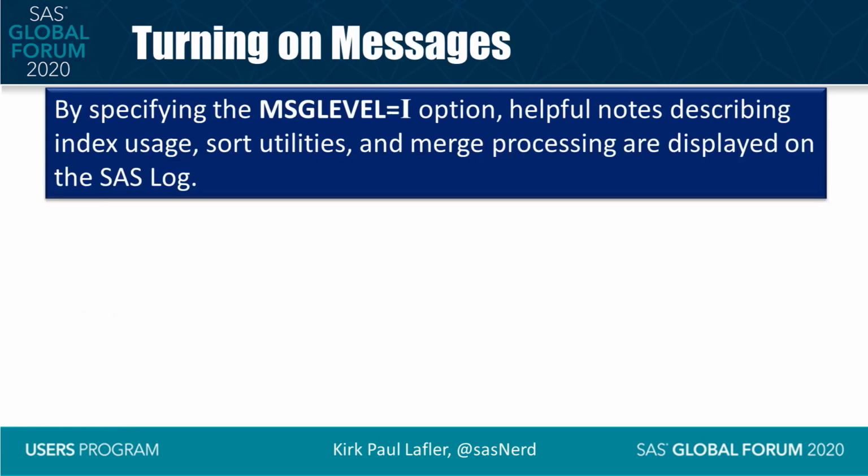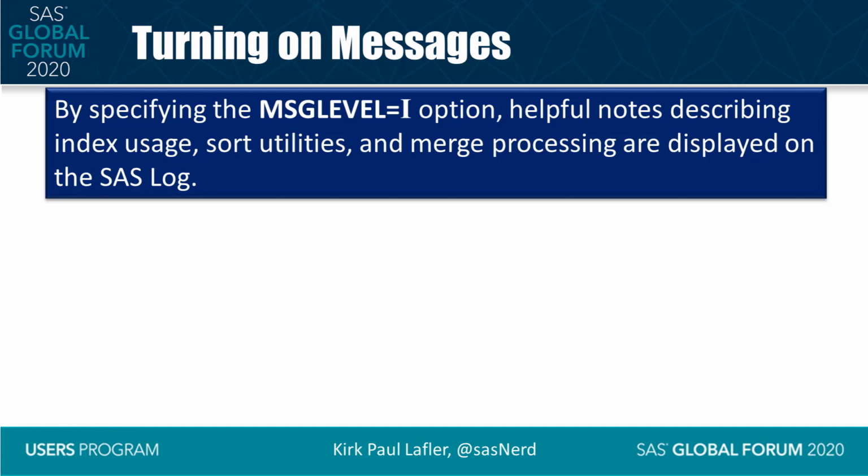As we mentioned in section 1, turning on messages. By specifying the message level equal I option, helpful notes describing index usage, sort utilities, and merge processing are displayed on the SAS log. This is very handy because this is the only way that I'm aware that we can see and determine what index has been selected by the optimizer.